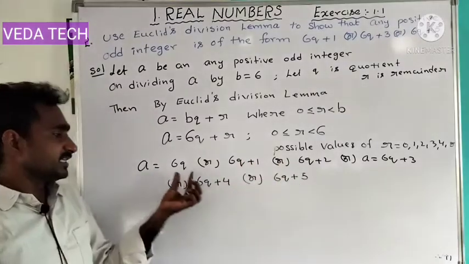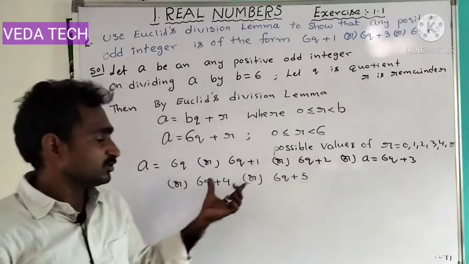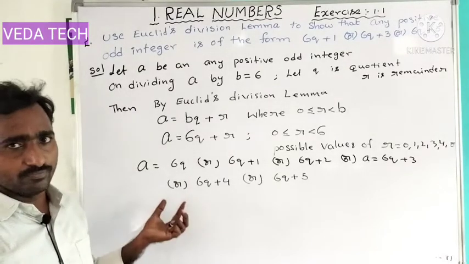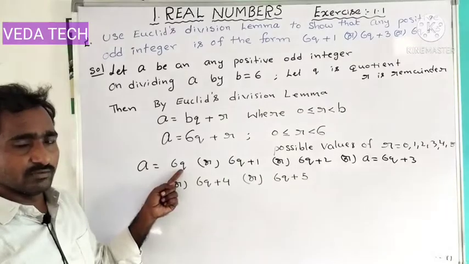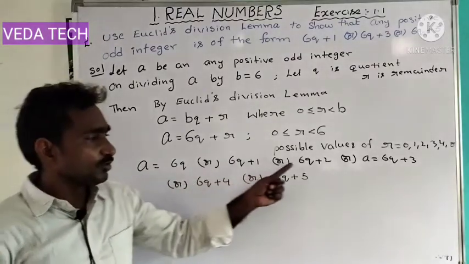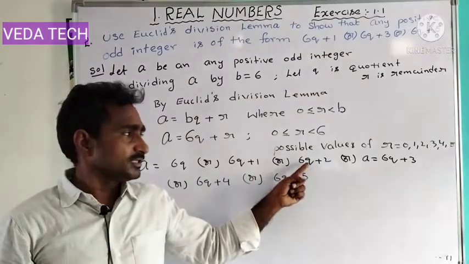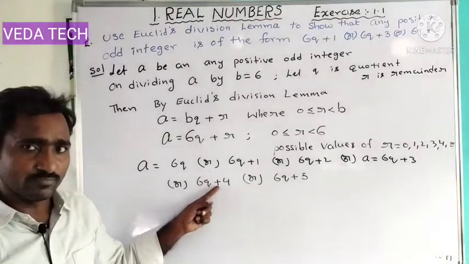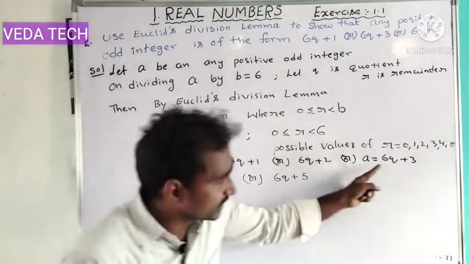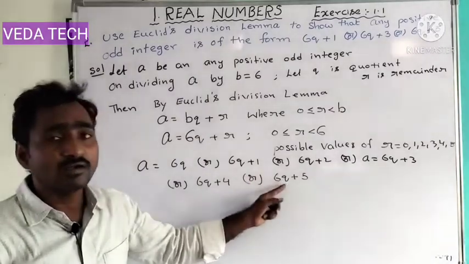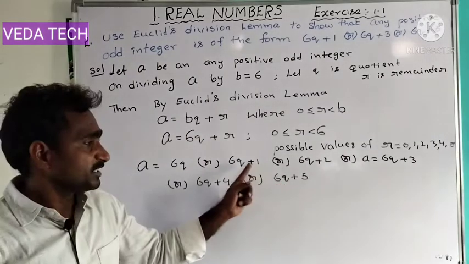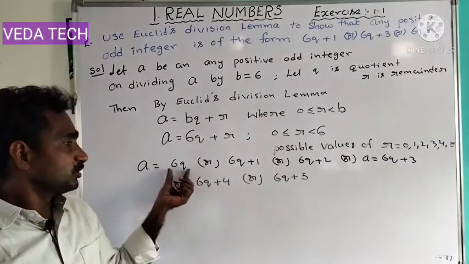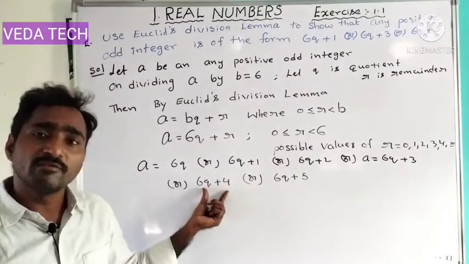But here 6q plus 2 and 6q plus 4 give even integers. 6q is an even integer because it is divisible by 2. 6q plus 2 is an even integer because it is divisible by 2, and 6q plus 4 is an even integer because it is divisible by 2. 6q plus 1, 6q plus 3, 6q plus 5 are not divisible by 2, so they are odd integers.